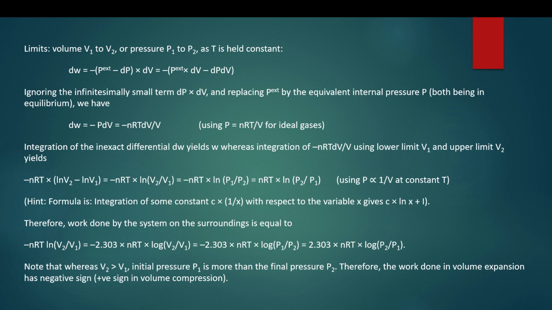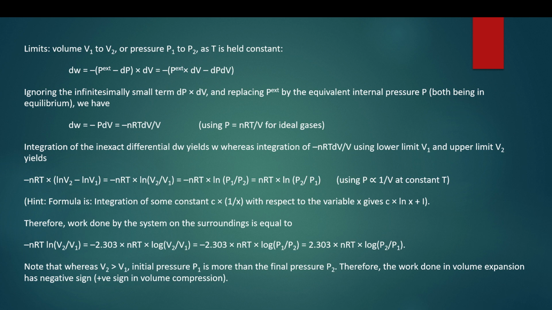Integration of the inexact differential dW yields W, whereas integration of nRT dV over V using lower limit V1 and upper limit V2 yields nRT ln V2 over V1, or minus nRT into ln P1 over P2. Replacing the minus sign, it becomes nRT ln P2 over P1.